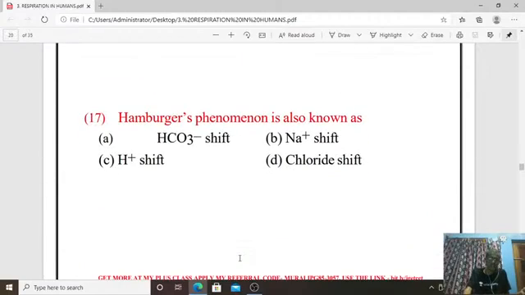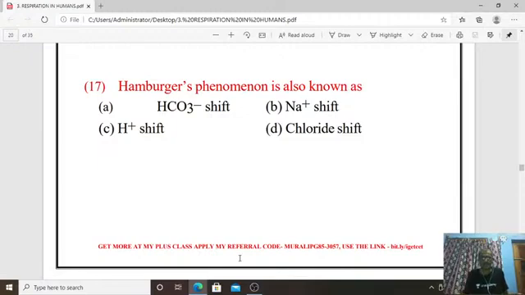Sleeping. Okay. Next, Hamburger's phenomenon is also known as what? In the earlier questions, I said that it is the chloride shift mechanism. From the RBC, HCO3 minus ion is dissociated into the plasma. To maintain the negative electrical balance, the same amount of Cl minus ion moves from the plasma into the RBC, and that chloride ion combines with potassium K plus, resulting in potassium chloride in the RBC.